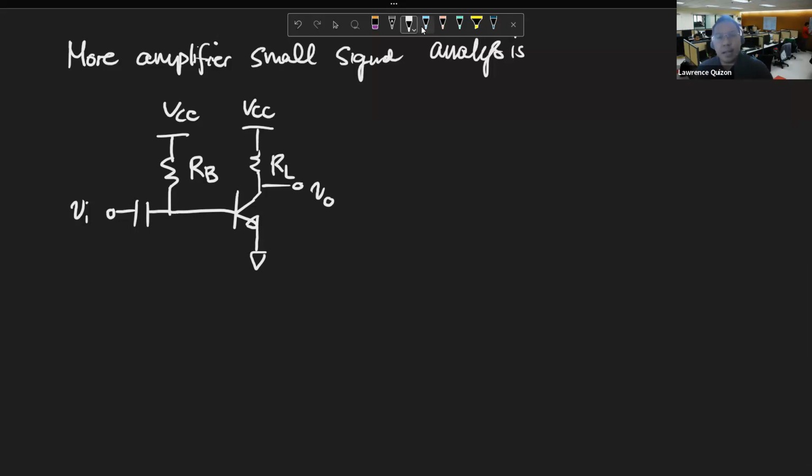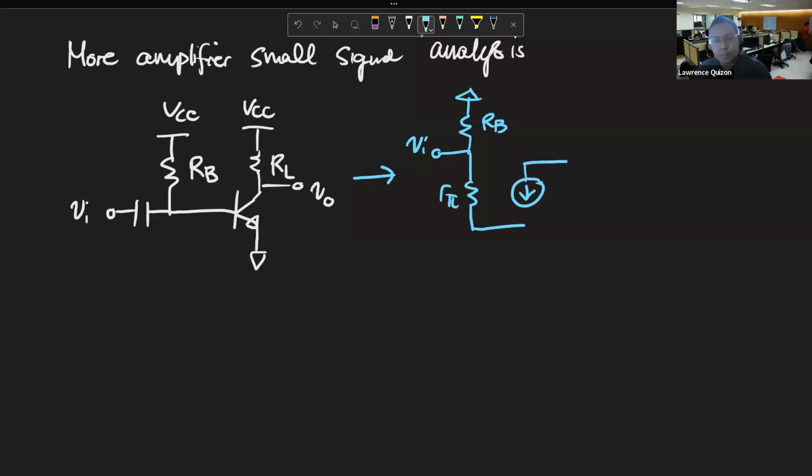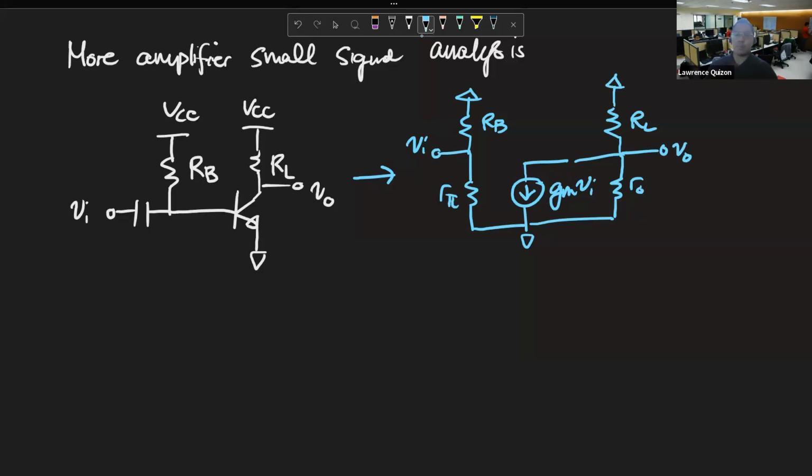Then we took the small signal model of this and found that it becomes this: Vin, R pi, RB, gm Vin, R out, and RL, and Vout.